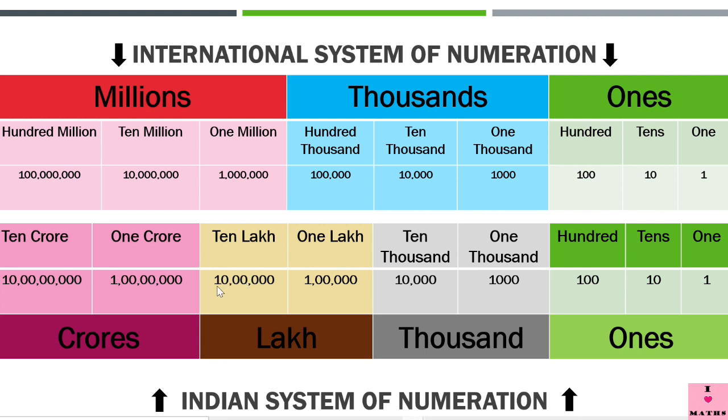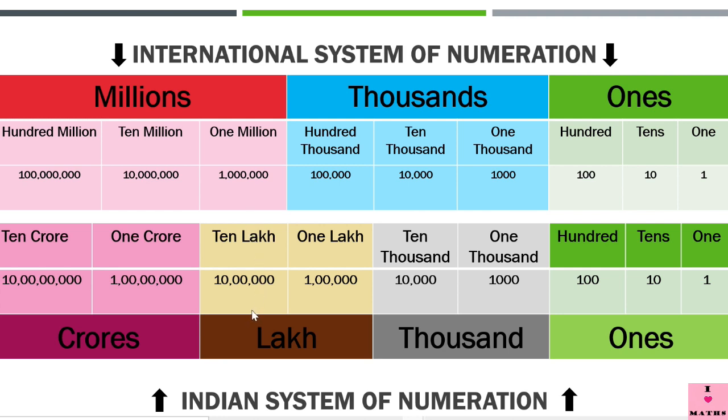And here also we have 6 zeros and a 1. So the number is the same. Only the difference is in the commas which we have put. So 1 million in international system is 10 lakhs in Indian system.